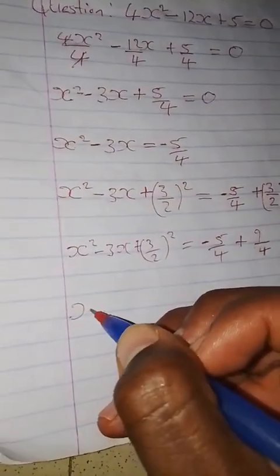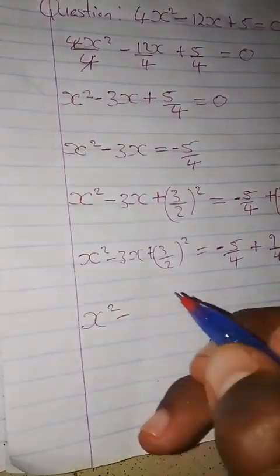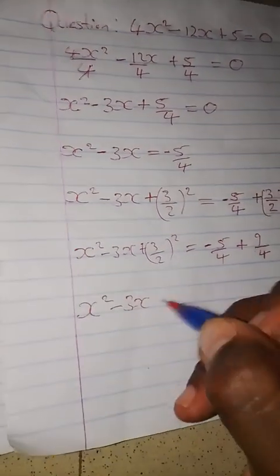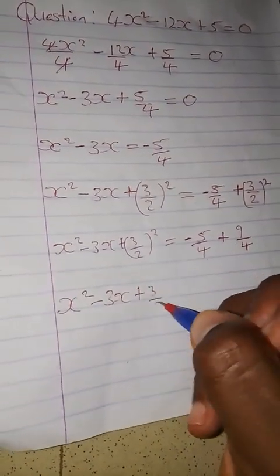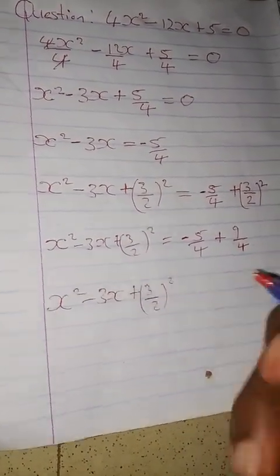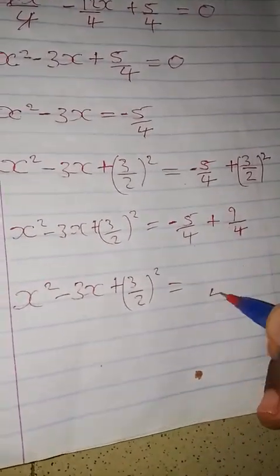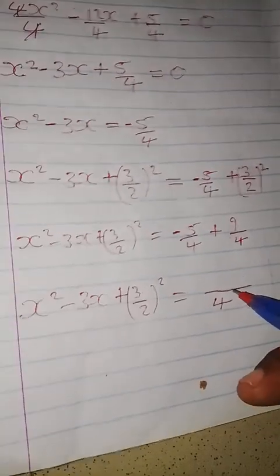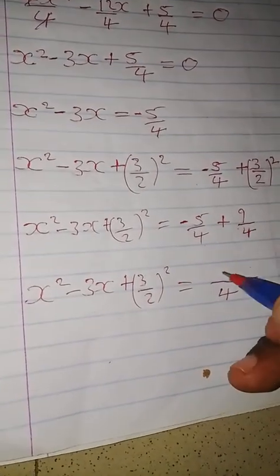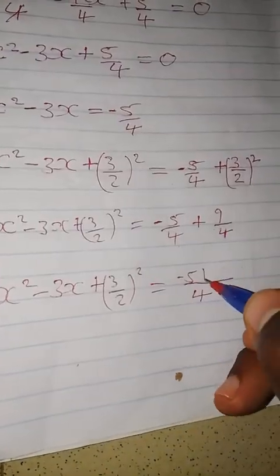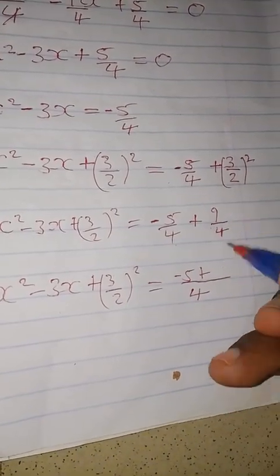So we have x squared minus 3x plus (3 over 2) squared equal to, the LCM of 4 and 4 is 4. 4 divided by 4 is 1. 1 times minus 5 is minus 5. Plus 4 divided by 4 is 1. 1 times 9 is 9.